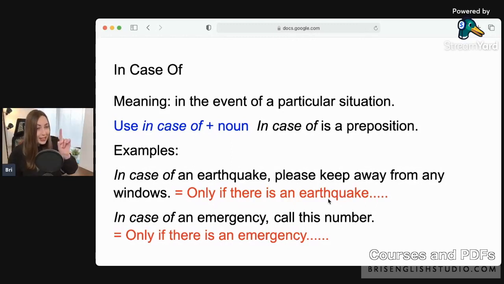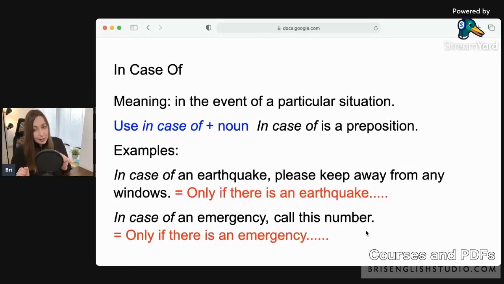But in case of an earthquake, keep away from the windows. The next one: in case of an emergency, call this number. That means only if there is an emergency, call this number. Okay? So it's different than in case.